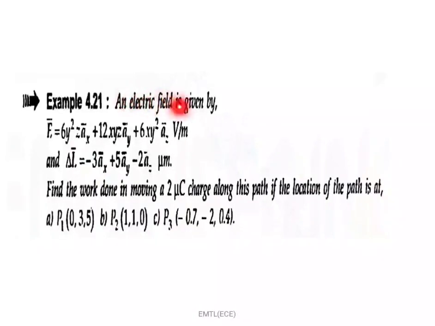Now the next problem. An electric field is given by E bar equal to 6y square z ax bar plus 12xyz ay bar plus 6xy square az bar volt per meter, and delta L bar is equal to minus 3ax bar plus 5ay bar minus 2az bar micrometer.